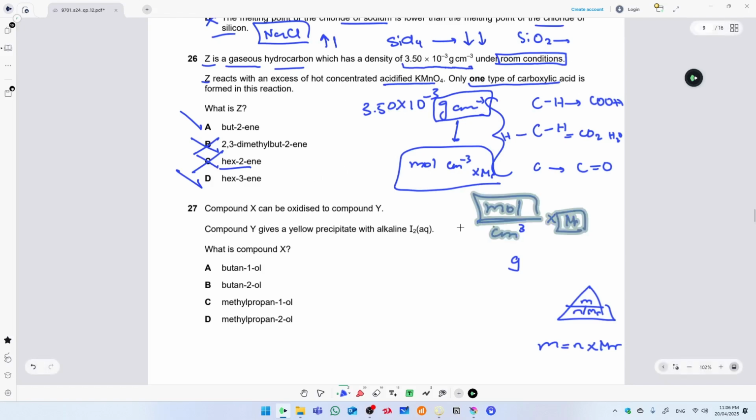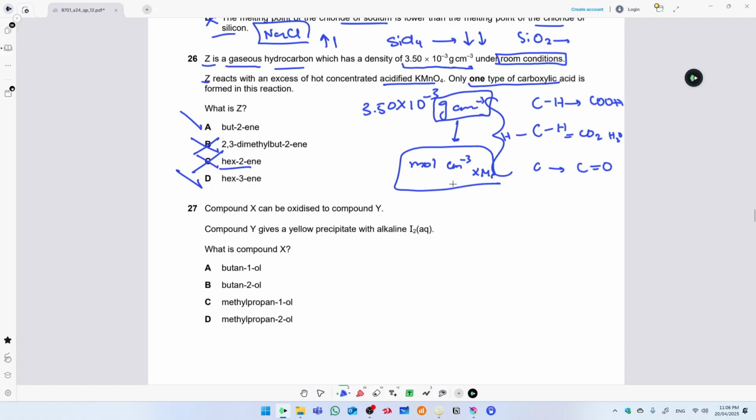Okay, so this is just fluff. Alright, so how do you get mole per centimeter cube in the first place? So it's at room conditions. Every 1 mole of gas takes 24 decimeter cube.